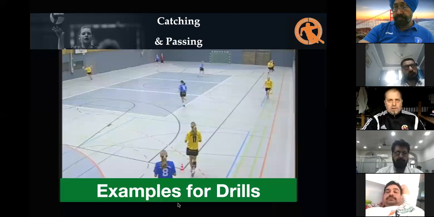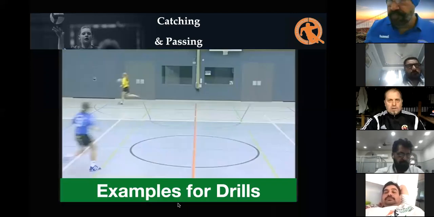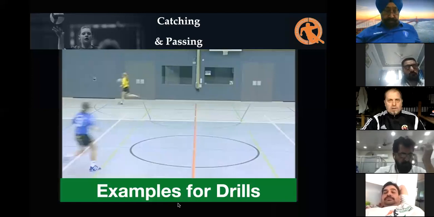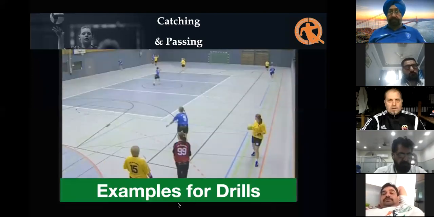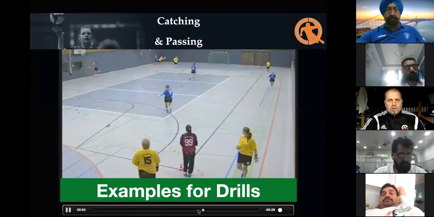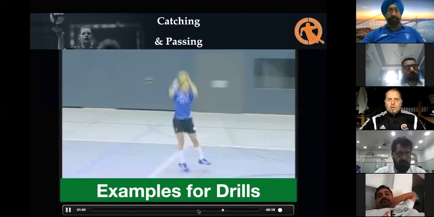Now in the second step, the pass is coming from the left side in this example for this player, but must be given to the right side continuously. So just wait. Now, receive the ball from one side, give it to the other side. So they run in a cross, but they give the ball in one direction, move to the other direction.